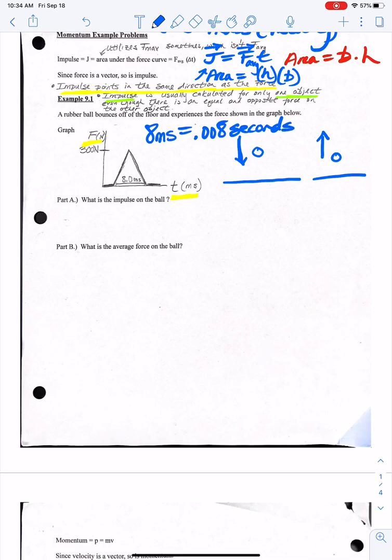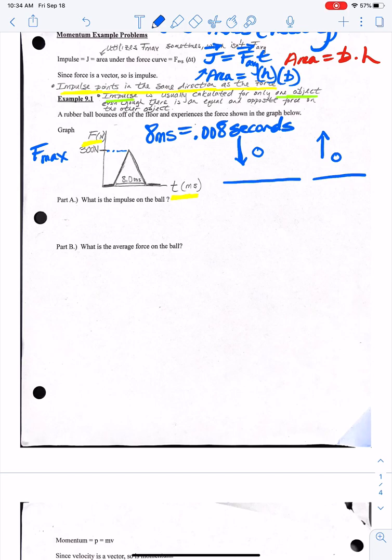And so just to clear that up, notice here that the force that the ball undergoes is at a peak right here at 300 newtons. So this is the F max that the ball experiences, and this is pretty normal, right?